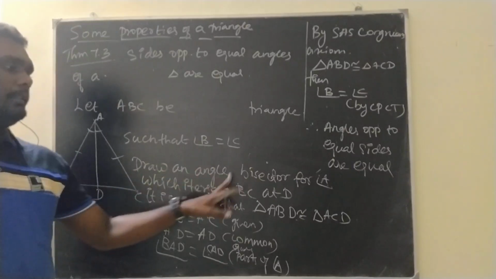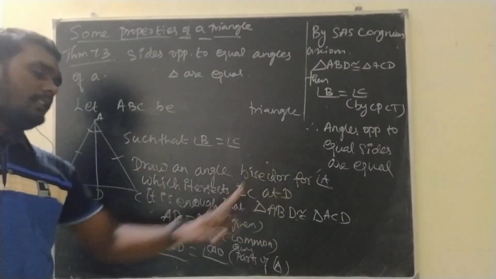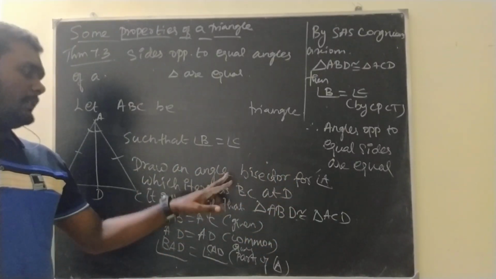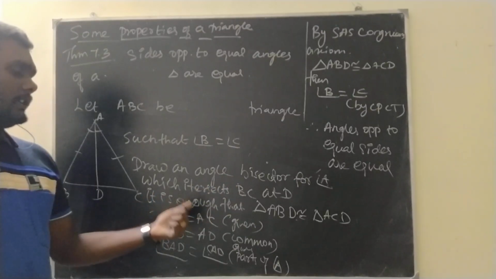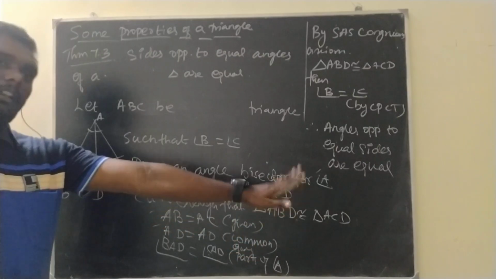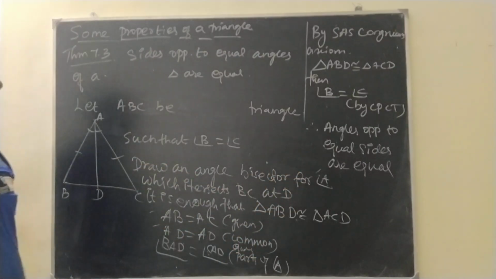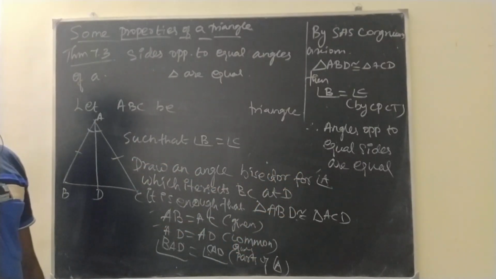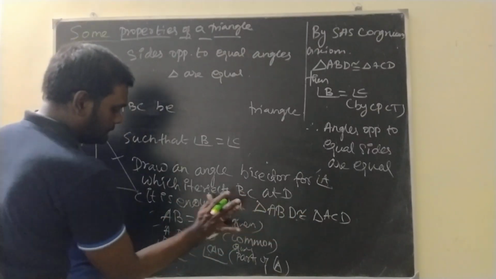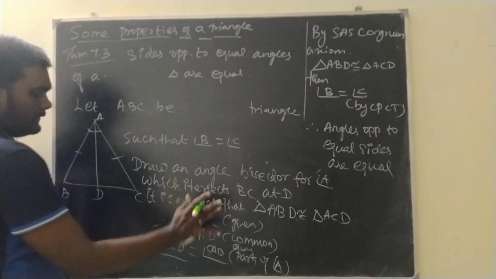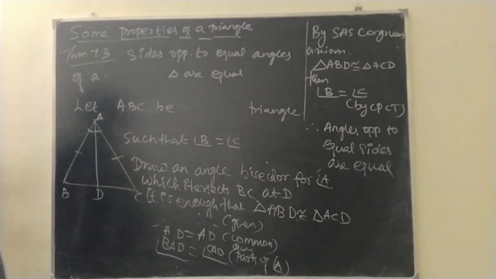We'll draw an angle bisector for angle A which intersects BC at D. Now it is enough that we can say these two triangles are congruent. So instead of this side is equal, we can take the given angle is equal.